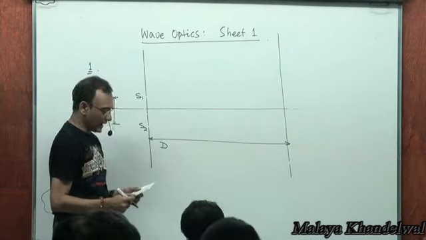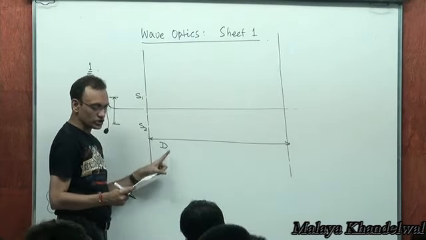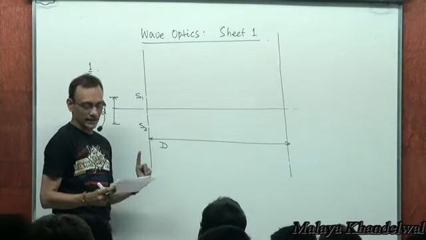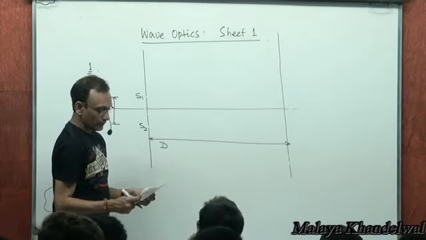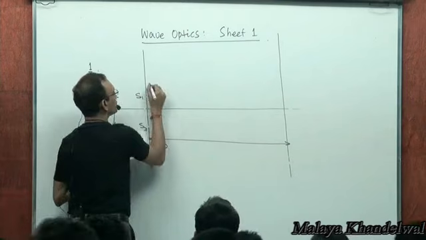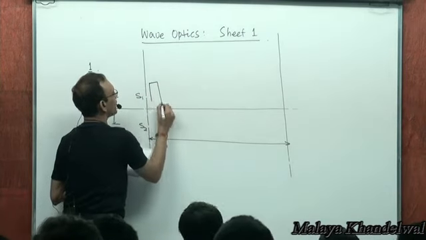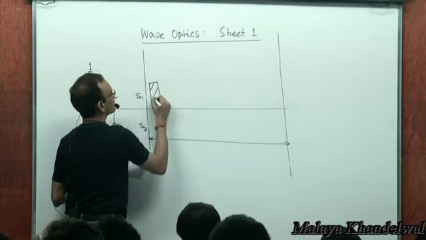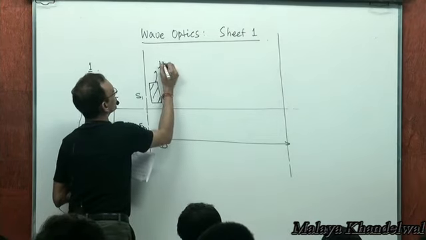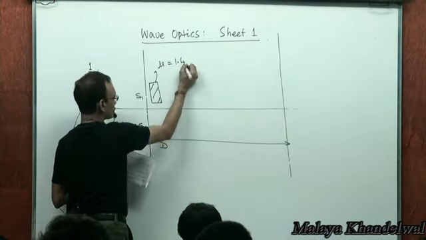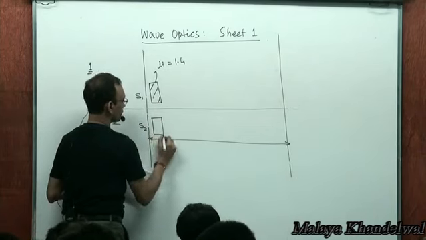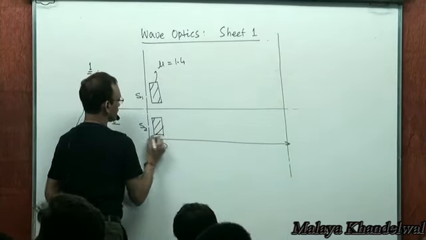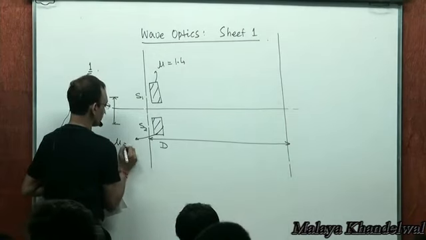Now this time we have the upper slit and the lower slit both covered by a thin glass plate. The upper one is covered by a glass plate of mu equal to 1.4. The lower one is covered by a glass plate of mu equal to 1.7.